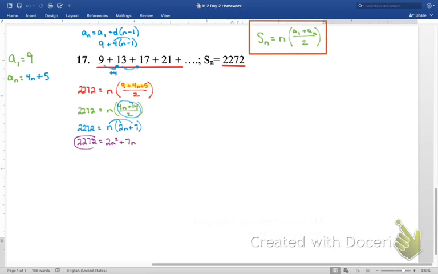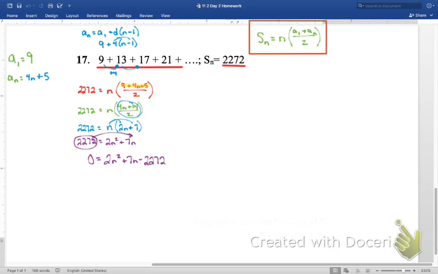Now I would take this number over here and move it to the other side and have 0 equals 2n squared plus 7n minus 2,272.